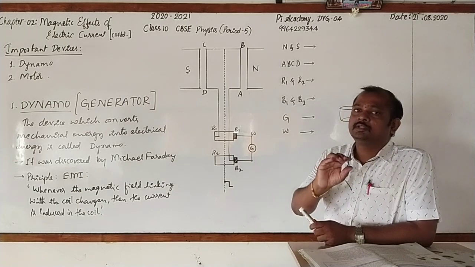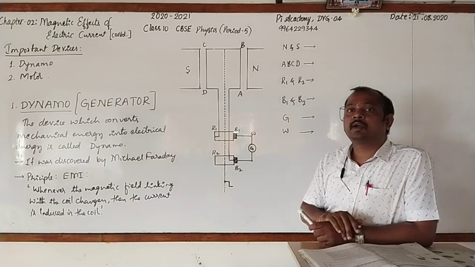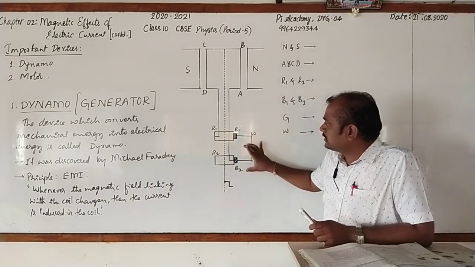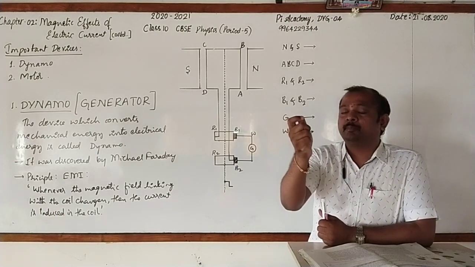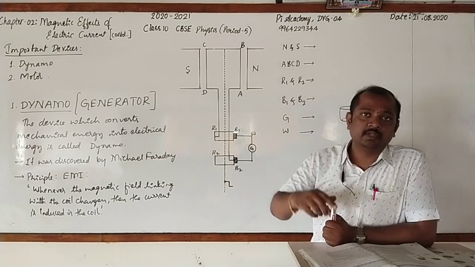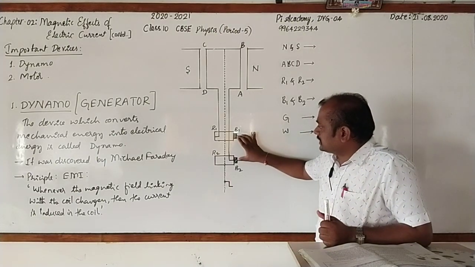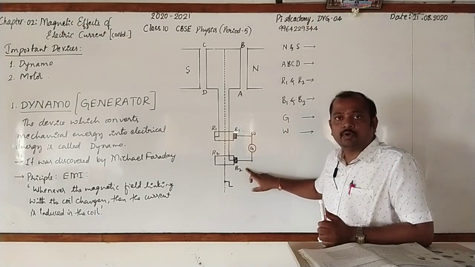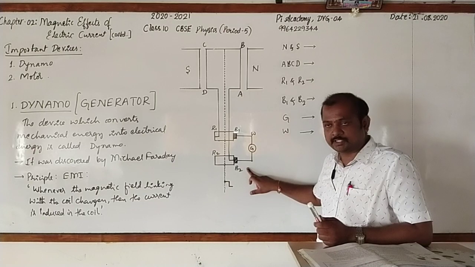They are not actual brushes, but carbon plates, solid substances, like the brake rubber attached to the wheels of a bicycle. You might have observed that. B1 and B2 are the carbon plates, also called carbon brushes.